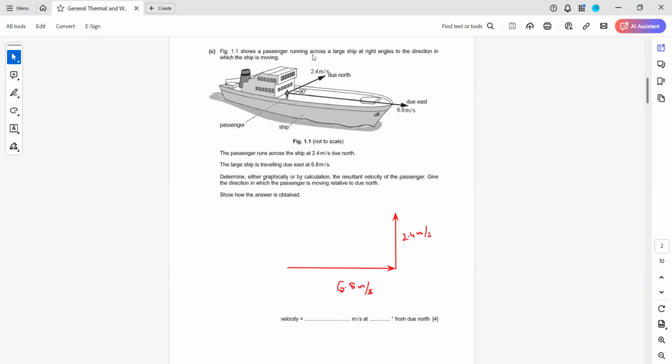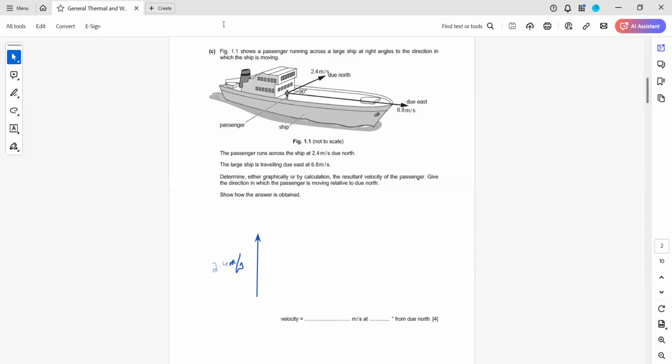What will be the resultant? Resultant is always from the tail of the first to the head of the last. So this will be your resultant. And it will not make a difference to the magnitude of the resultant if, for example, you consider 2.4 as your first vector. So first we'll draw 2.4 here, meters per second.